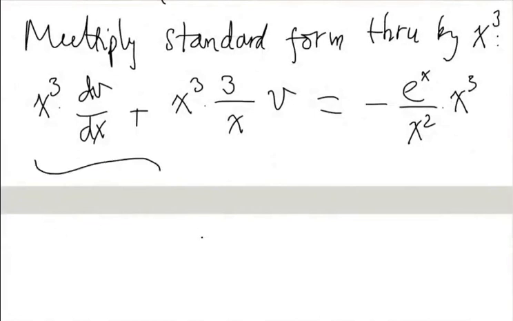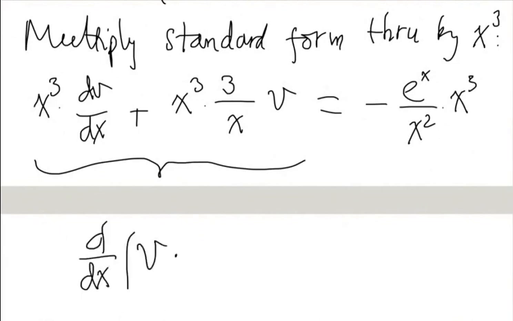Now, the left hand side, you don't need to simplify it. We know already that this must be the derivative of the product v times x cubed. We should check, which is always true if we do it correctly. And then here we simplify this. We have minus e to the x times x.